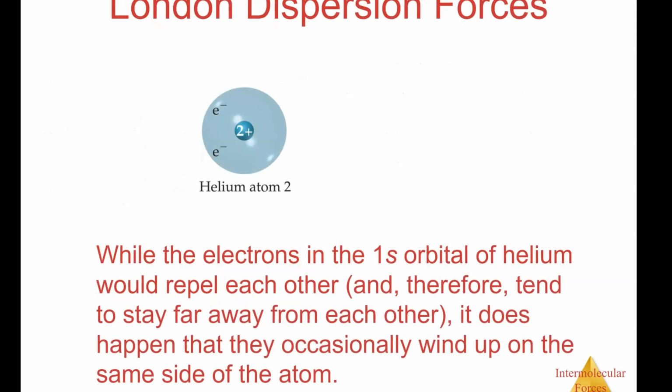All right, now, London dispersion is an induced temporary dipole. All that means is that for whatever reason, the electron cloud shifts and goes towards one side more than the other. Because of that, it causes a partial charge that is again temporary.